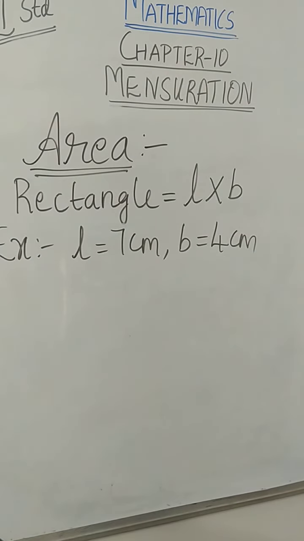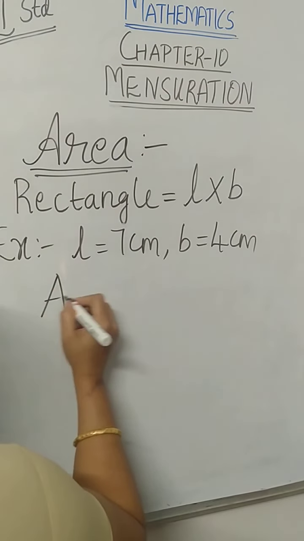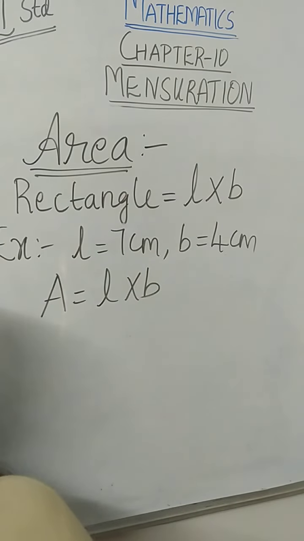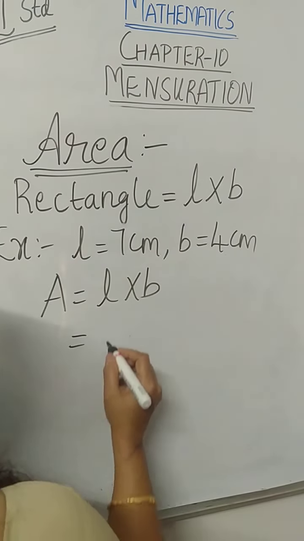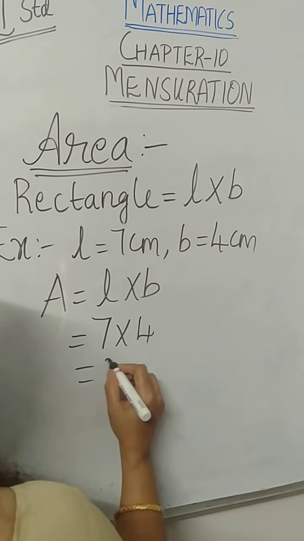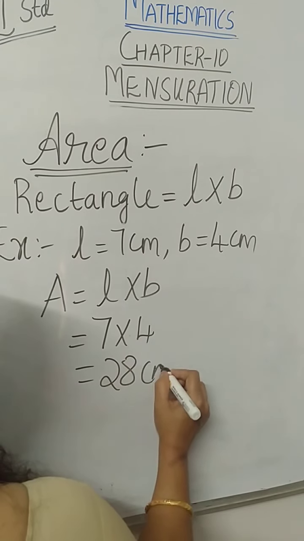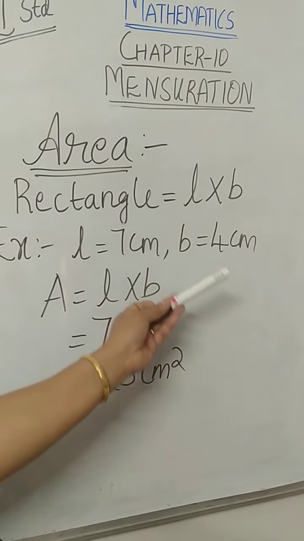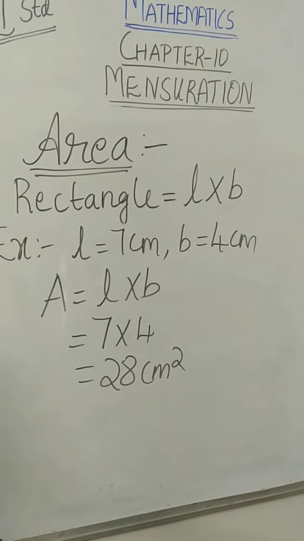How do you calculate? Area, that is A, is equal to L into B. What is L here? 7 into 4. 7 4s are 28 centimeter square. So this is the area of the rectangle whose length is 7 centimeter and whose breadth is 4 centimeter.